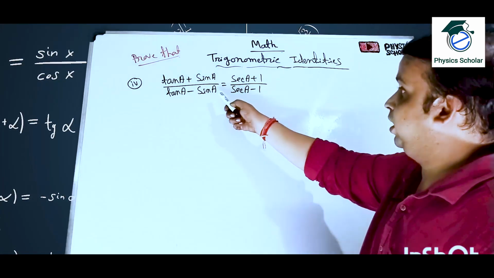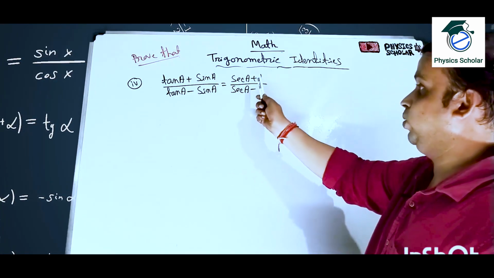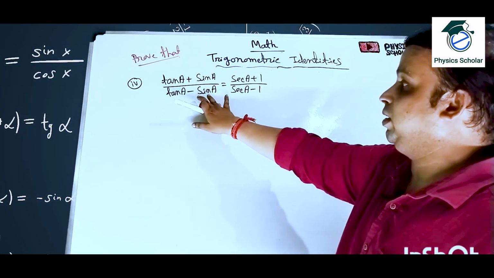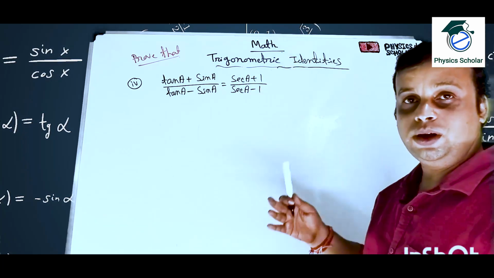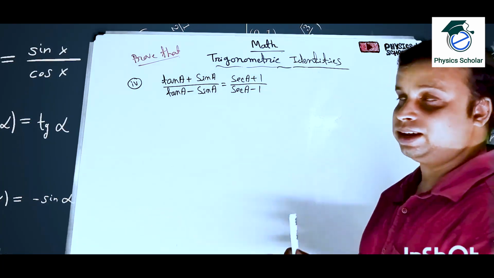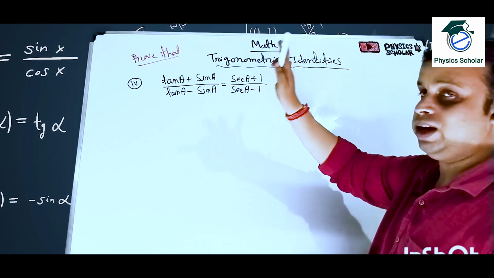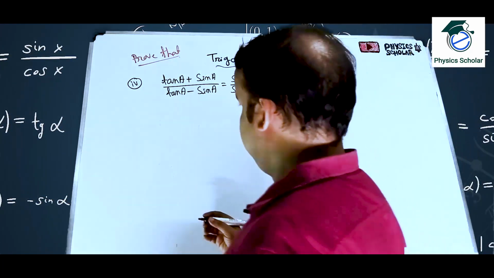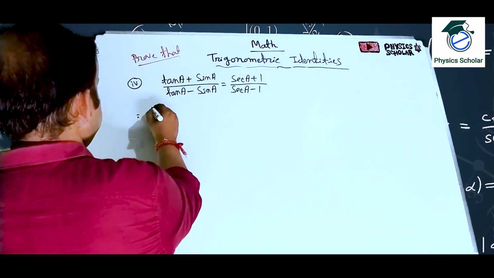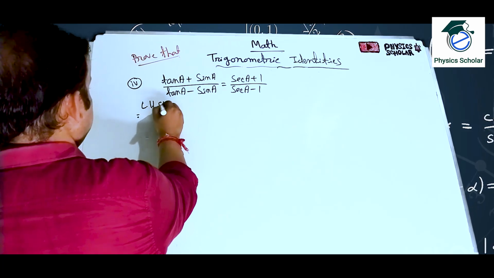So here also you have to prove this is equal to this. That means the left hand side will be equal to something, and the right hand side will be equal to something which will be equal. Clear? In both the cases. And after that we can write this value is equal to this value. Clear? Now see here, left hand side, what is there?